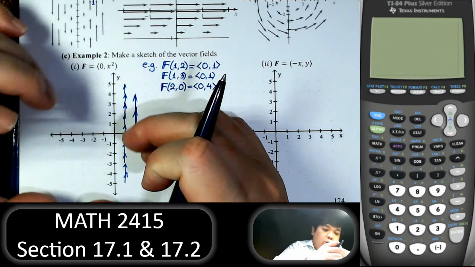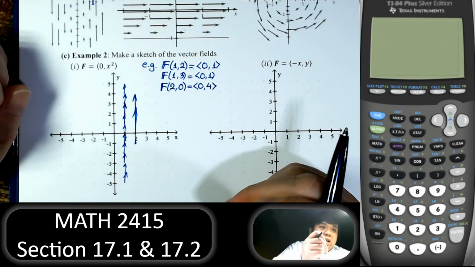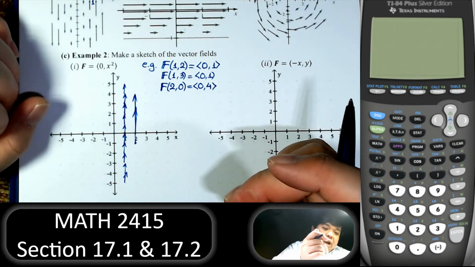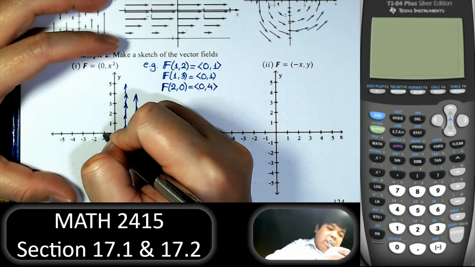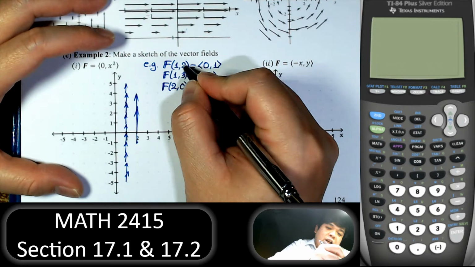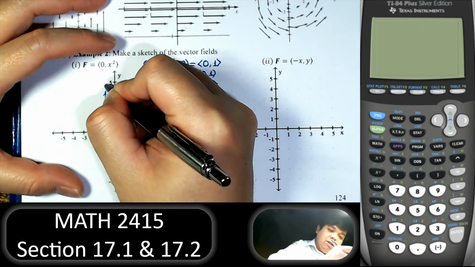Of course, we might want to change the scale to make it smaller, but that's what we have. And then when x equal to -1, squared is still 1, so we still have that vector.